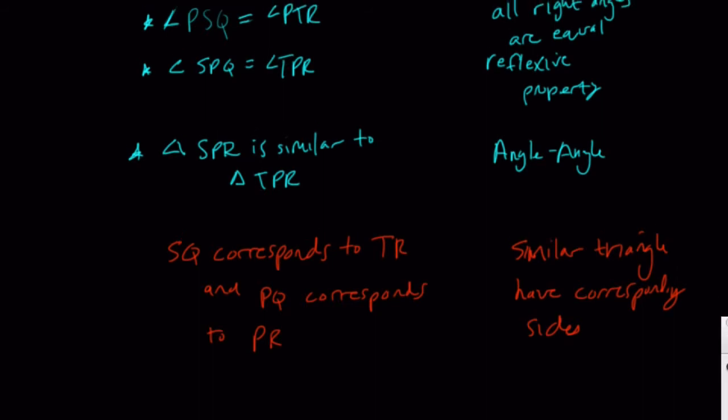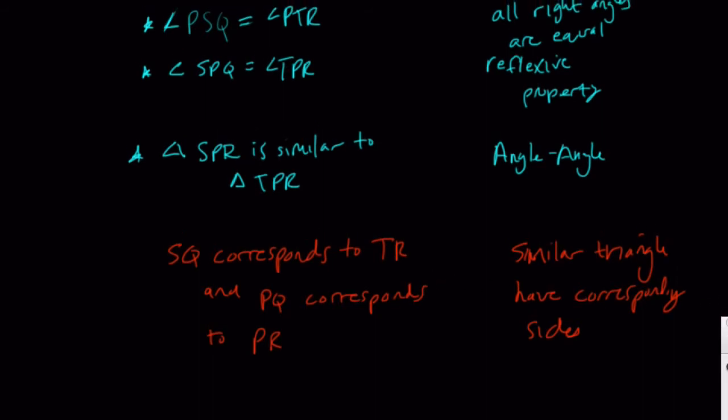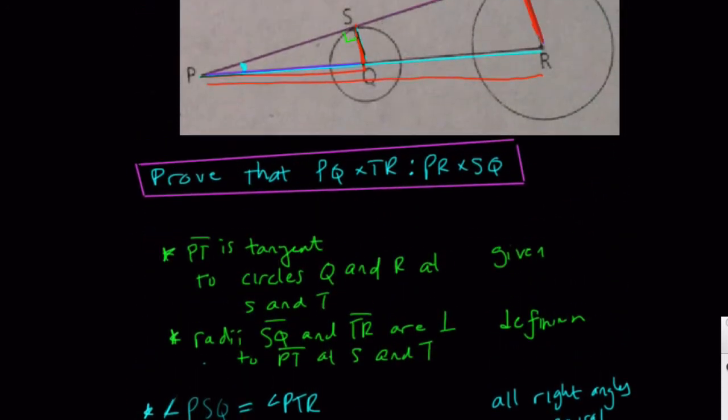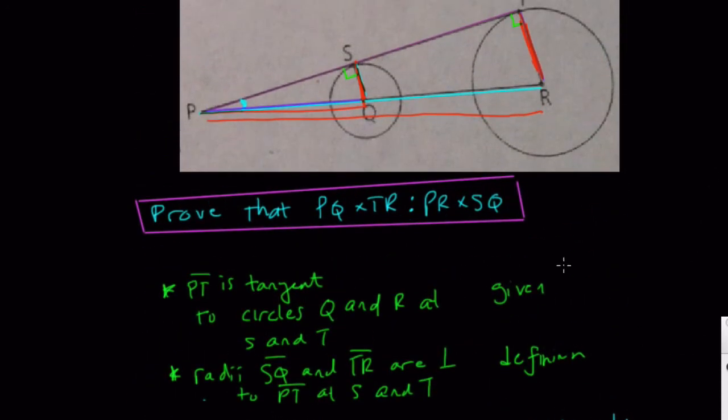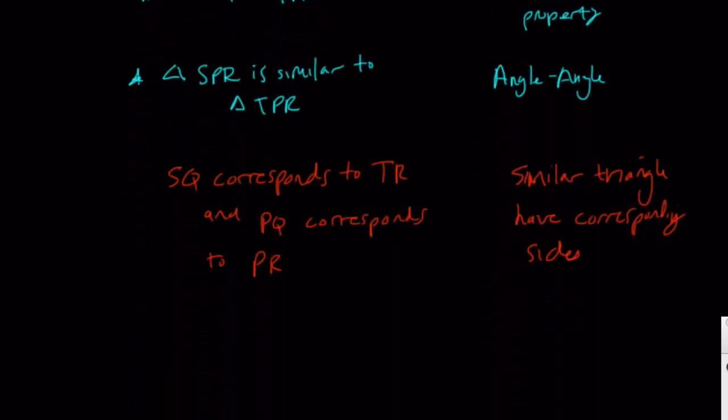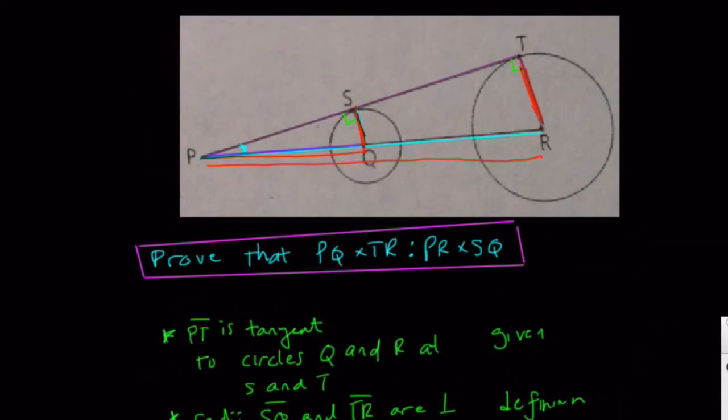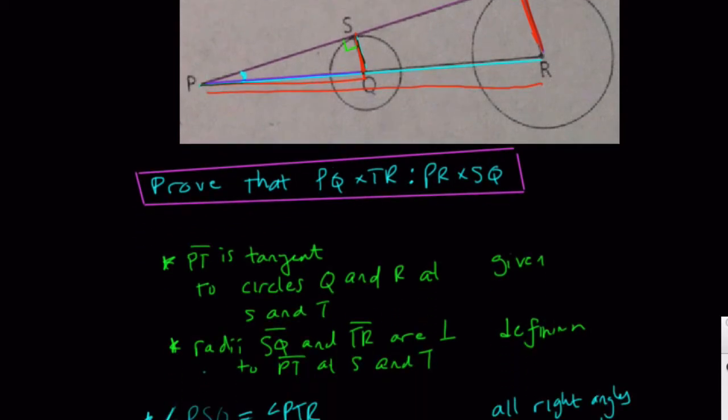So once you have these corresponding sides, you can set up a proportion. The one I would say is that you want to set up PQ over SQ. So that's one ratio. PQ over SQ is equal to PR over TR.